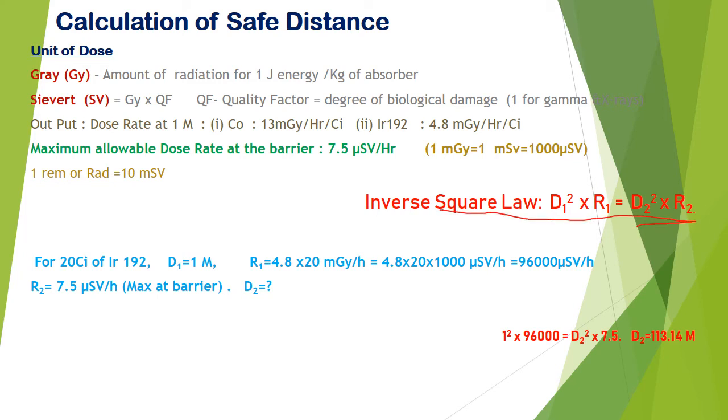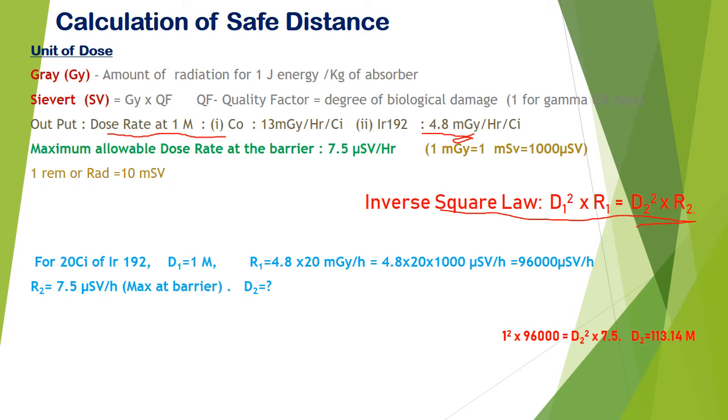Here D1 for iridium 192 is the dose rate at 1 meter, which is 4.8 millisievert, and the safe level is near 7.5 microsievert per hour.